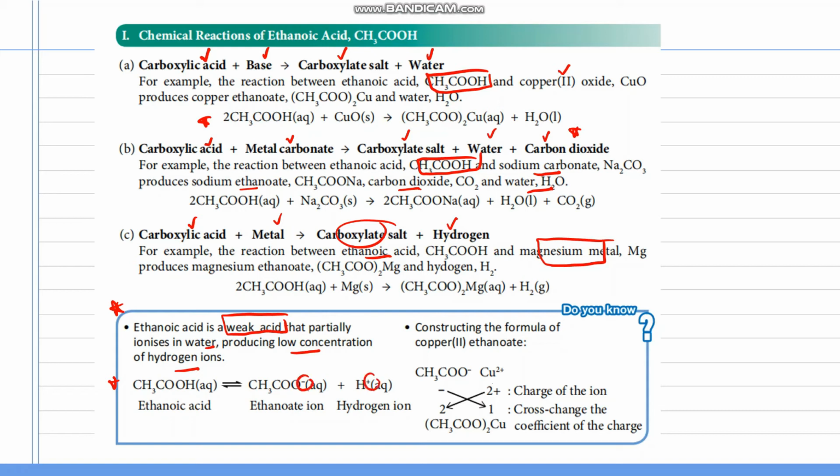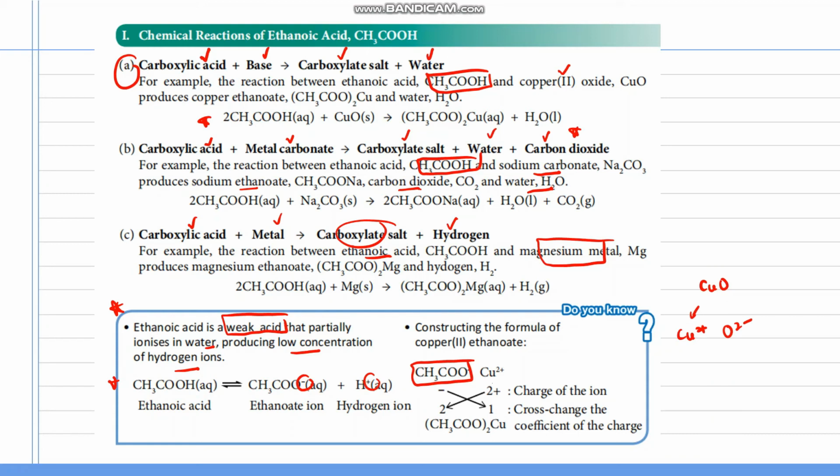So here, how to construct the formula of copper(II) ethanoate. Like I mentioned just now, the ethanoic acid is ionized and forms the ethanoate ion. So here we have the ethanoate ion, and by referring to the equation here, the reaction between carboxylic acid and base. The base that we use is copper(II) oxide, which is CuO. So the copper oxide consists of the copper 2 plus ion and also the oxide ion.